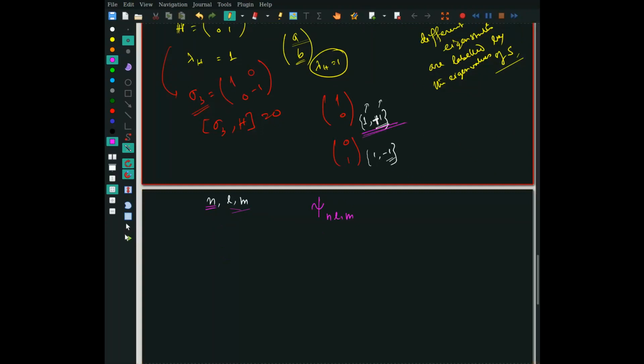Here m corresponds to the eigenvector of the Lz operator.